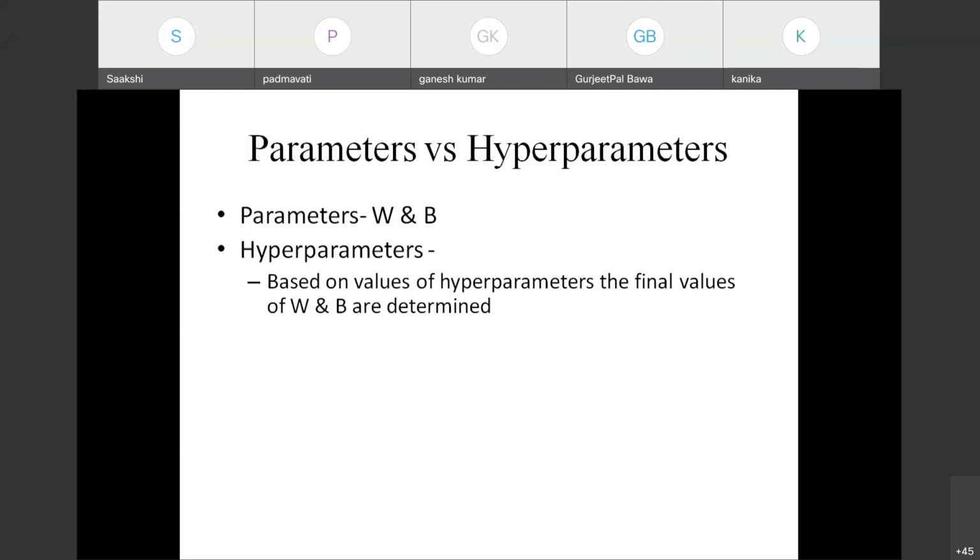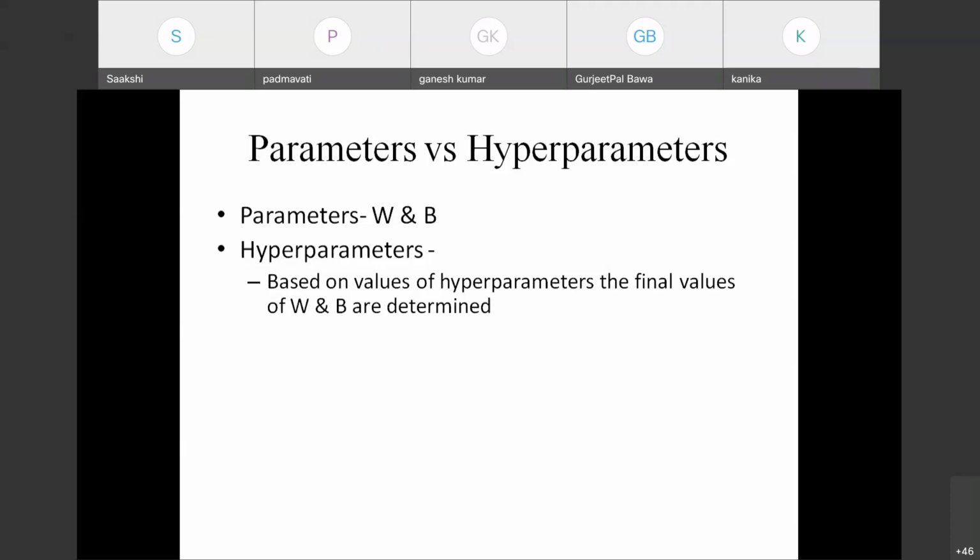Initially I initialized with some weight value and got some loss. Again I change the weight value and get some other loss. Suppose initially I initialize my weight value to 0.2 and my loss is 0.5. In the next step, instead of computing the derivative and finding it systematically, I randomly change my weight value to 0.5.